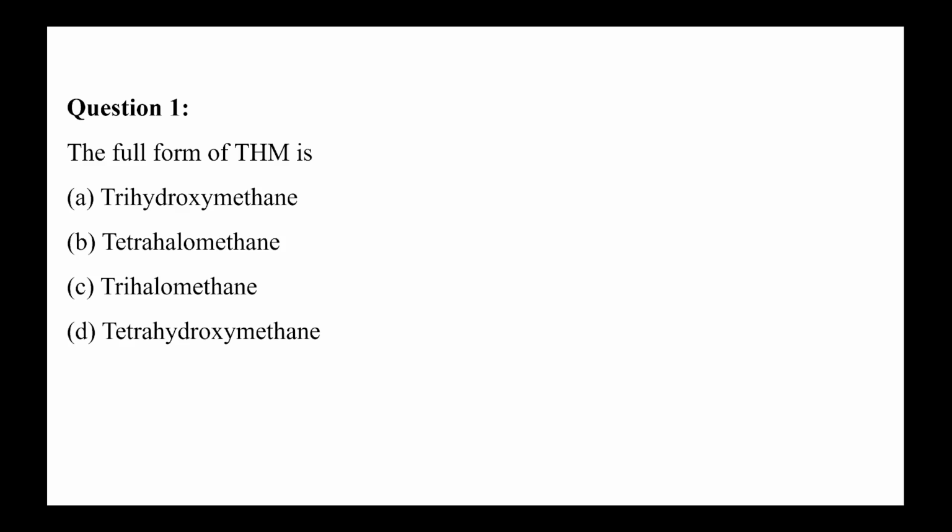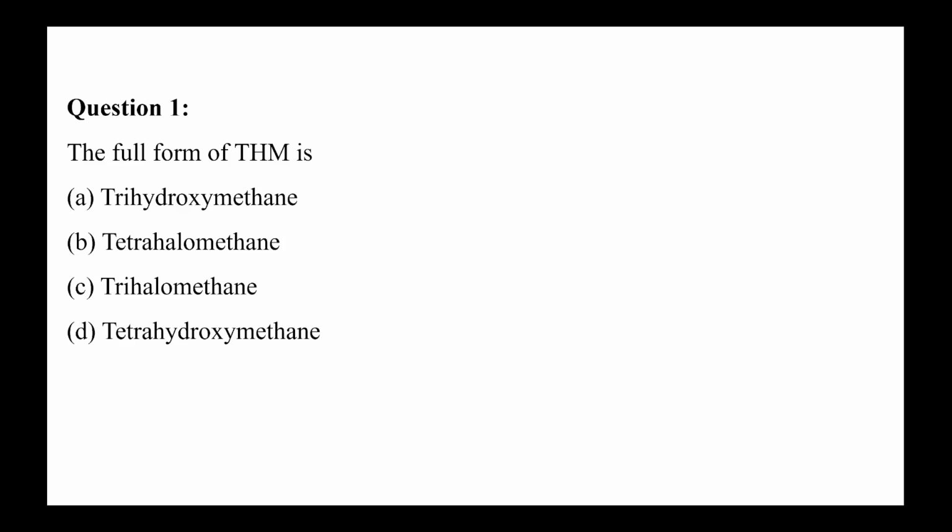Starting with the first question, the full form of THM is. What is the full form of THM? Option A, trihydroxymethane. Option B, tetrahalomethane. Option C, trihalomethane. And option D, tetrahydroxymethane.